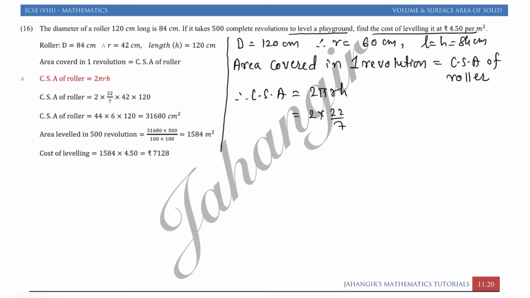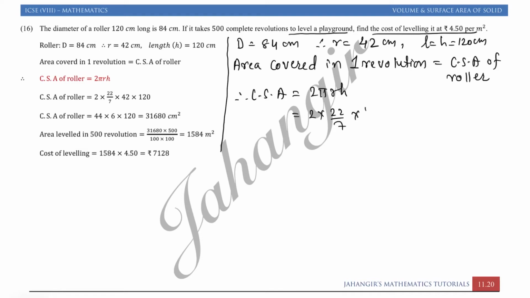I took the diameter of the roller 120 centimeter wrong. Oh, I wrote wrong information over here. So let us correct. 84 centimeter is the diameter, so 42 centimeter will be the radius, and its height is 120 centimeter.